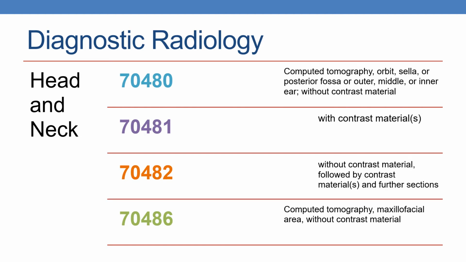The next is 70480, CT, orbit, sella or posterior fossa or outer, middle and inner ear without contrast. 70481 is CT, orbit, sella or posterior fossa or outer, middle or inner ear with contrast. Whereas 70482 is without contrast, followed by contrast material and further sections.